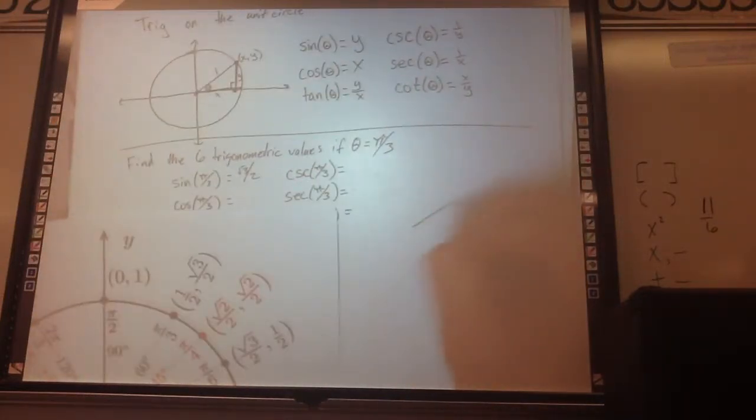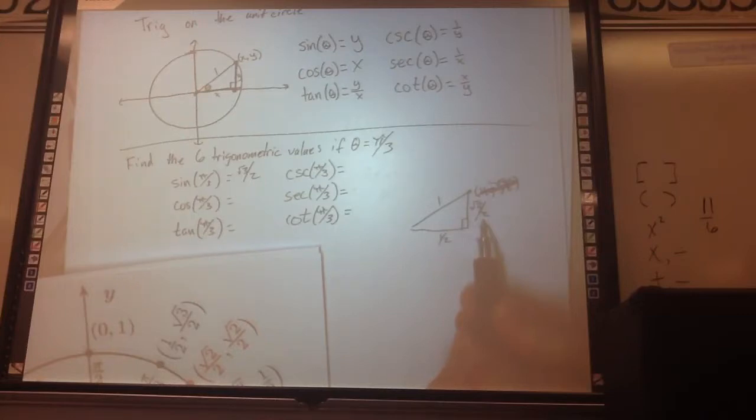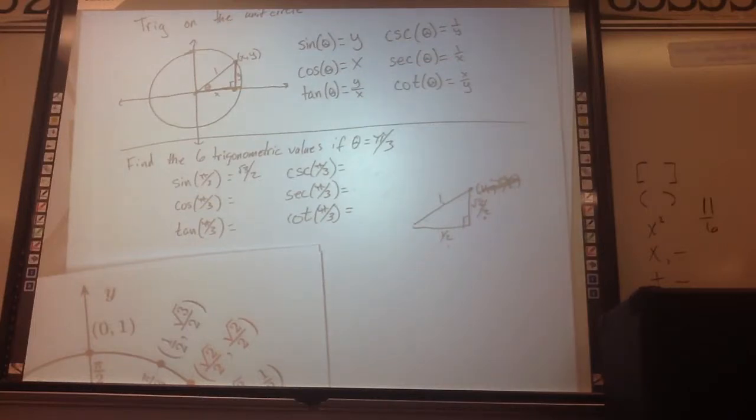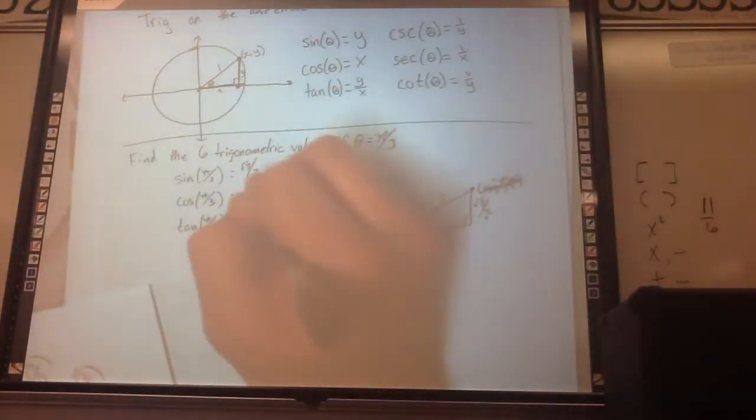If I were to actually draw the triangle, this side is root 3 over 2, this side is 1/2, and that side is 1. So the sine is opposite over hypotenuse, just root 3 over 2. The cosine is adjacent over hypotenuse, so you're just looking at the x coordinate. Since the hypotenuse is 1, it's 1/2.